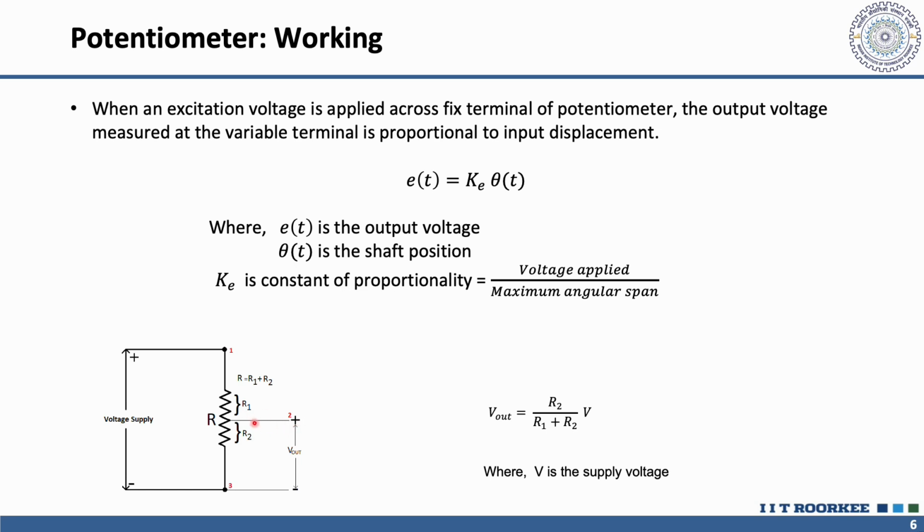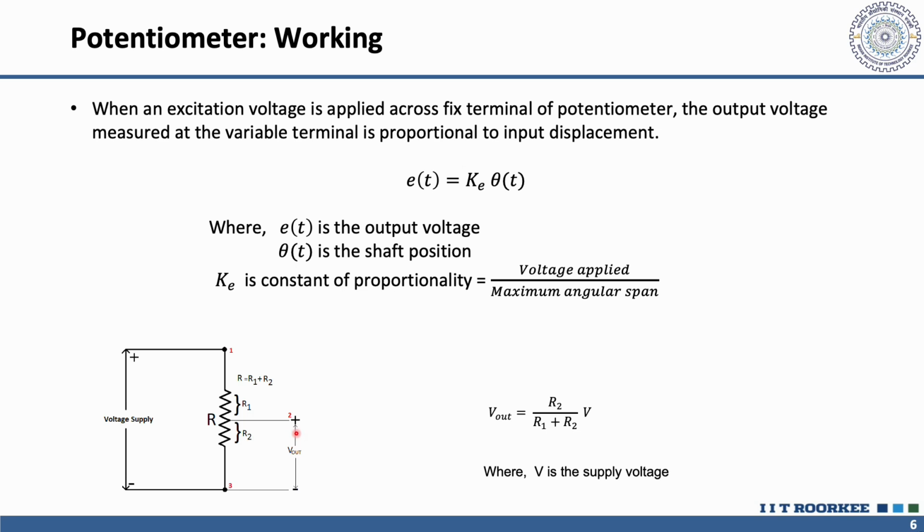If you want to understand this with the help of the previous image of the potentiometer that we saw in the construction part, then when we rotate the knob of the potentiometer, the resistances R1 and R2 change, and R1 plus R2 will always be equal to R, which is the total resistance of the resistive element.